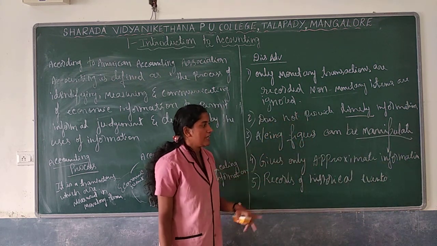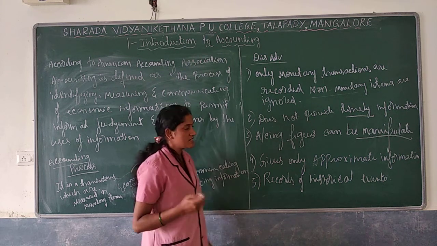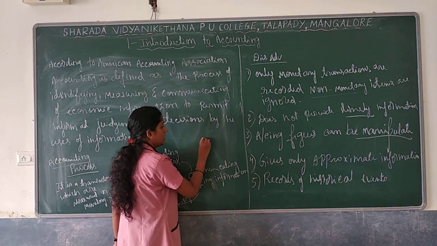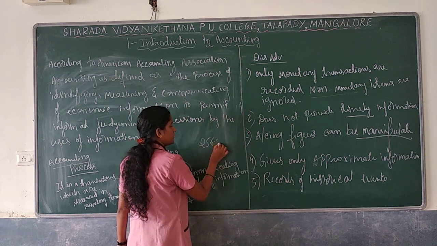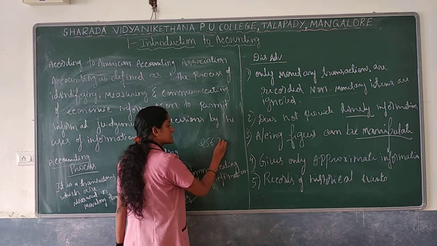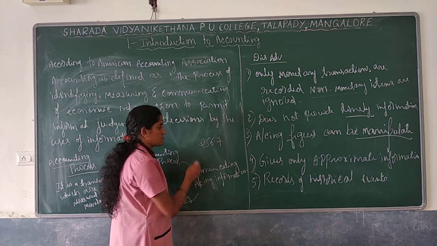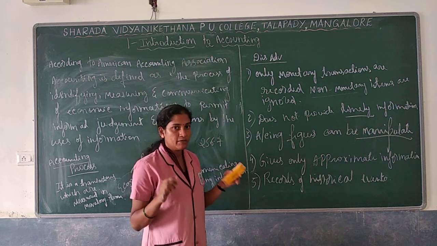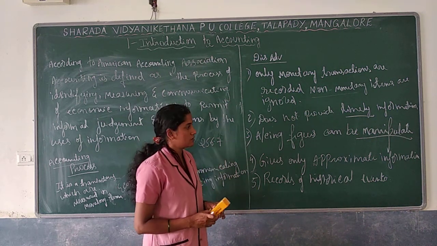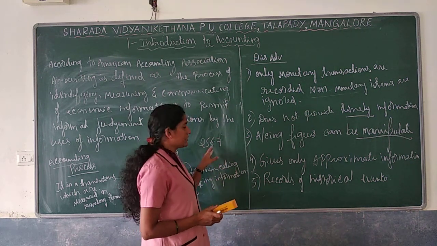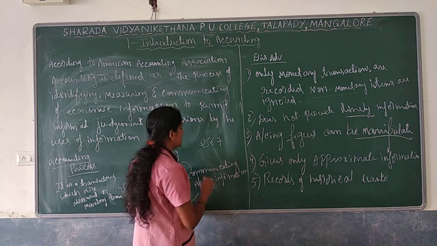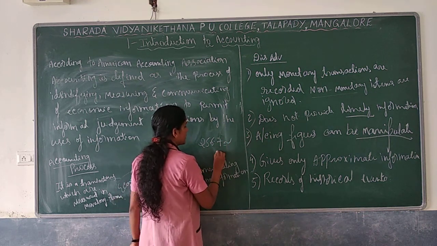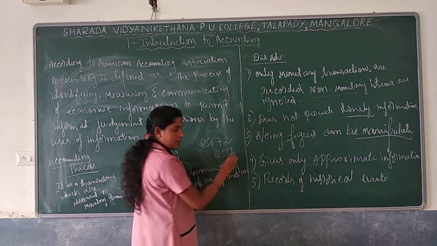Next, it gives only approximate information. What is approximate information? For example, 256.5 or 266.7. It will not give the exact amount. We will not write in this form in the accounts; we write approximately, for example 257.